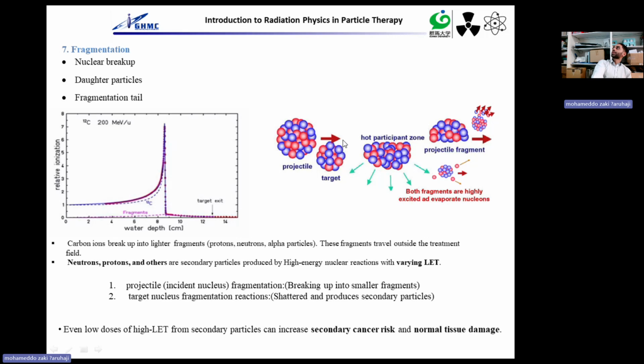So it will keep moving, but some particles will be produced with an energy, with an LET, let's say, it's more correct.